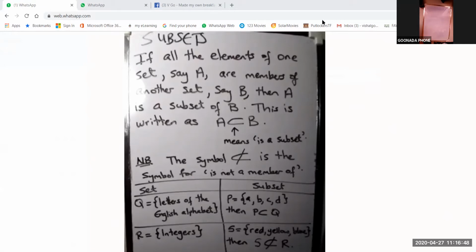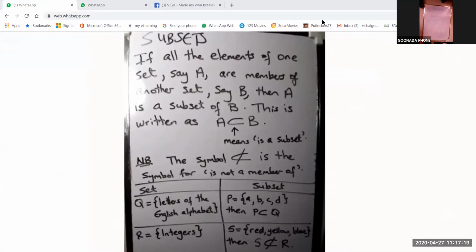Similarly, if I tell you R is equal to the set of integers, and S is equal to red, yellow, and blue. The set of integers will be numbers, and if I give you colors, colors and numbers are not the same. So the set of colors cannot be in the set of numbers. So that means that S is not a subset of R. Are you all following?